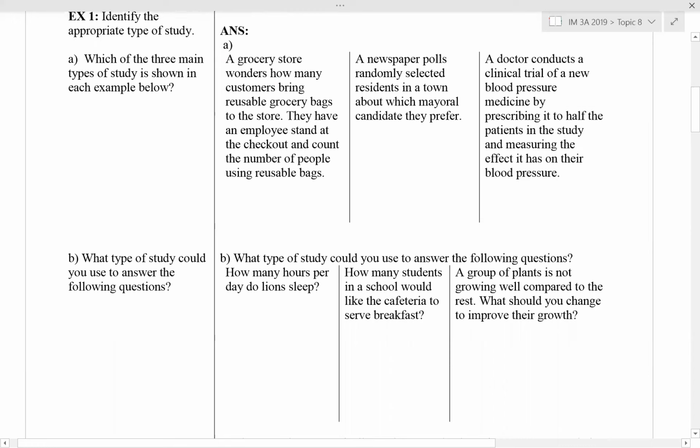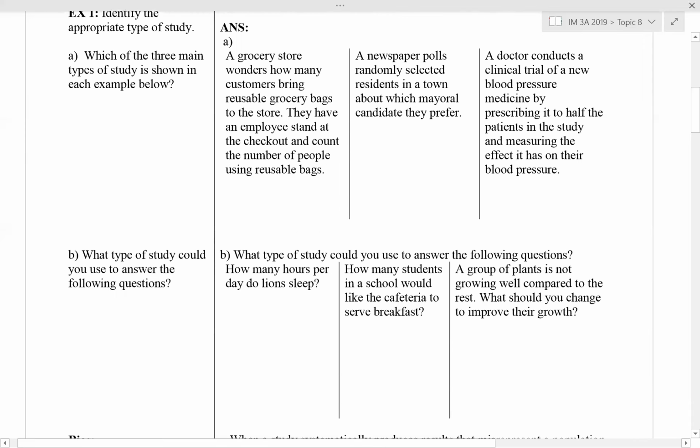The thing to think about here is that the members of the sample don't even know that they're part of the sample, right? They're not engaged in the process. They aren't asked, hey, did you bring reusable bags today? It's literally just someone standing there and observing whether or not these people brought reusable bags. So this would be an example of an observational study.